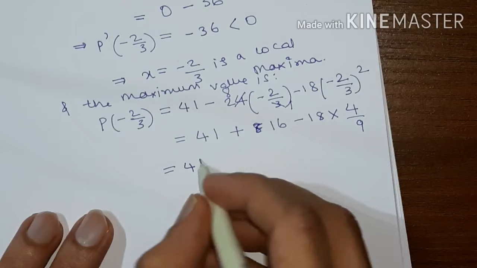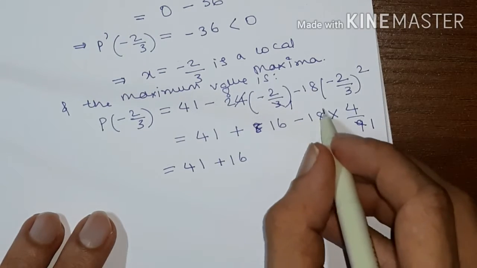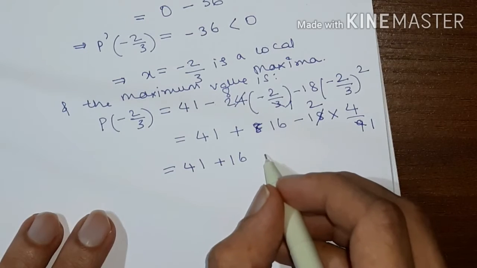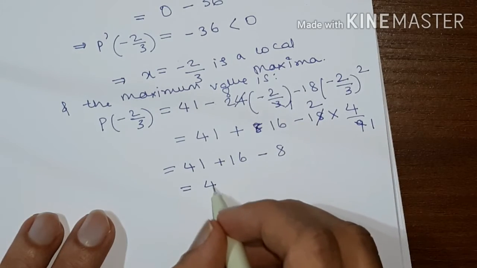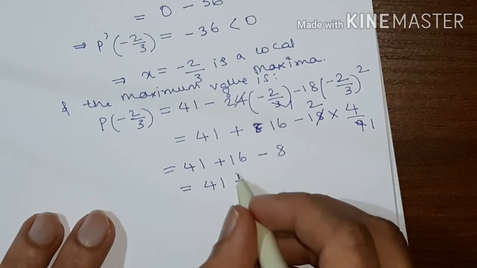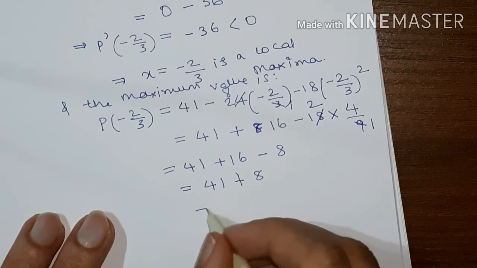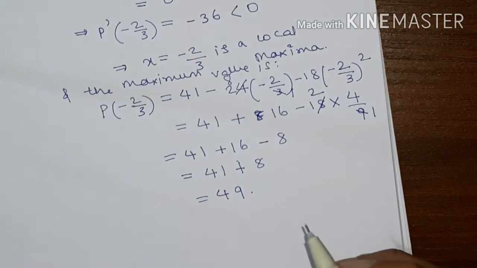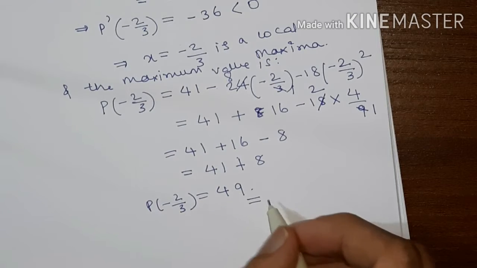So what you will get is 41 plus 16, and 9 ones are 9, 9 twos are 18, so minus 2 times 4 is 8. So 41 plus 16 minus 8, which is nothing but 49. So p of minus 2 by 3 is 49.